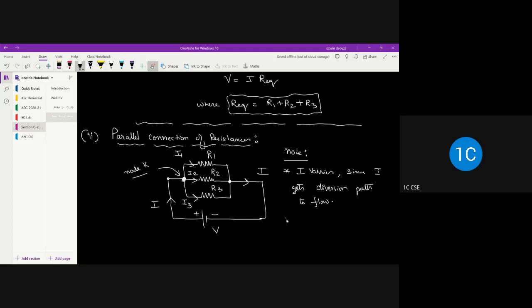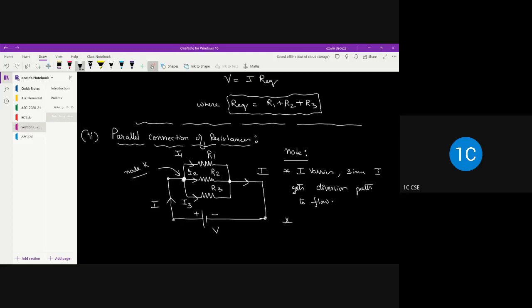On the other hand, if you look at the potential, this potential is V, right? The battery potential is V. Now, the same battery potential, if you look closely, the battery is actually connected right across R1 as well as R2 as well as R3.